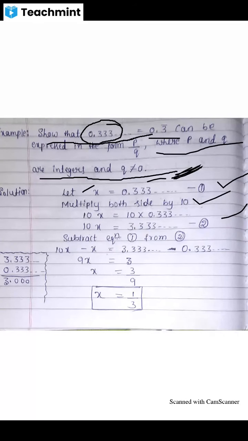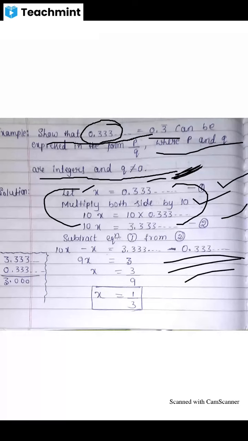Equation 2 is 10x is equal to 3.333 and so on. Subtracting equation 1 from 2 means 10x minus x, LHS minus LHS, RHS minus RHS, equal sign as it is. So 10x minus x is equal to 3.333 minus 0.333. Like this you have to write. Did you get the idea of this step?